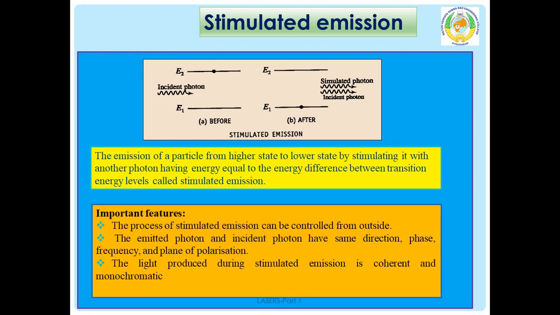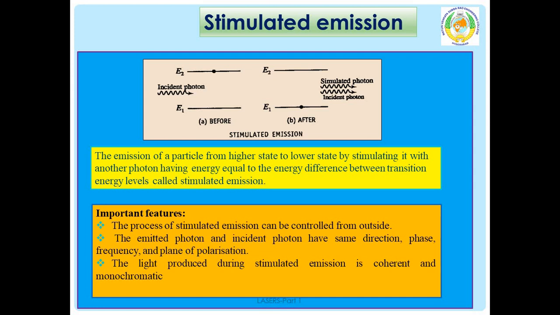What happens here? See, when the atom is at the excited state, and at this point we incident a photon on it, then the atom will absorb that photon, and as a result it will come down to the ground state, releasing a photon along with the incident photon.